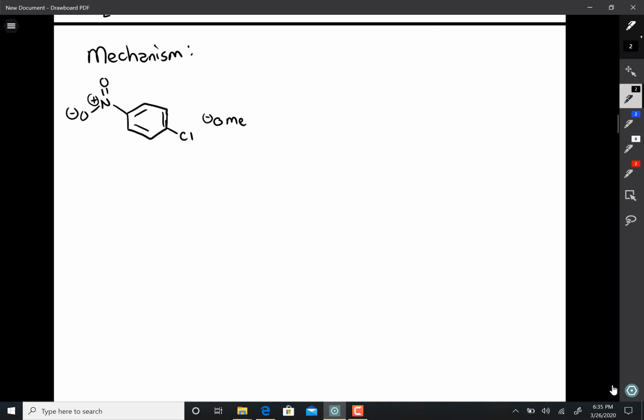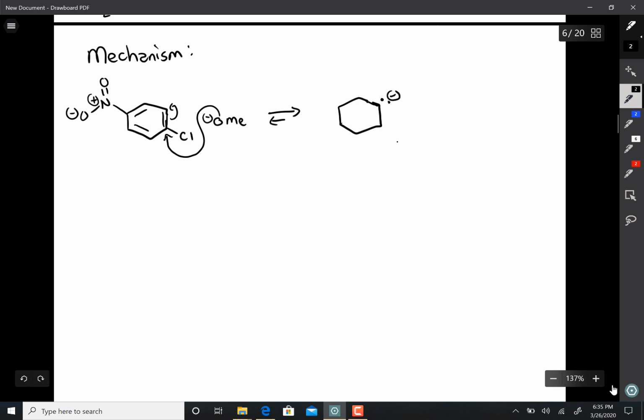This is not an SN1 mechanism, this is not an SN2 mechanism, this is an SNAr mechanism, where the nucleophile adds and you get a carbanion.